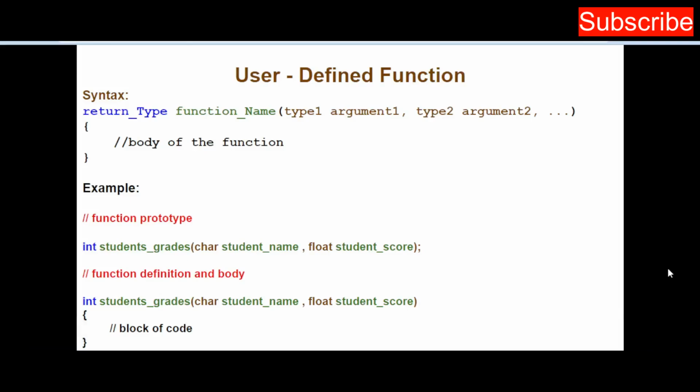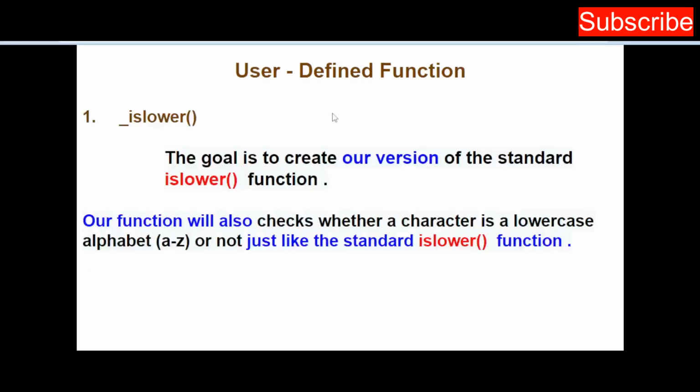Let's quickly check this example. Remember we just worked on a function from the standard library called islower. Now we want to write our own version of that function. But we cannot use islower because islower is already a reserved word, already inside the standard library.